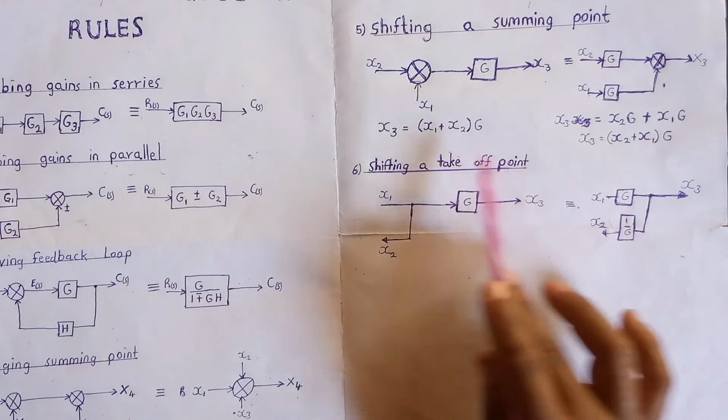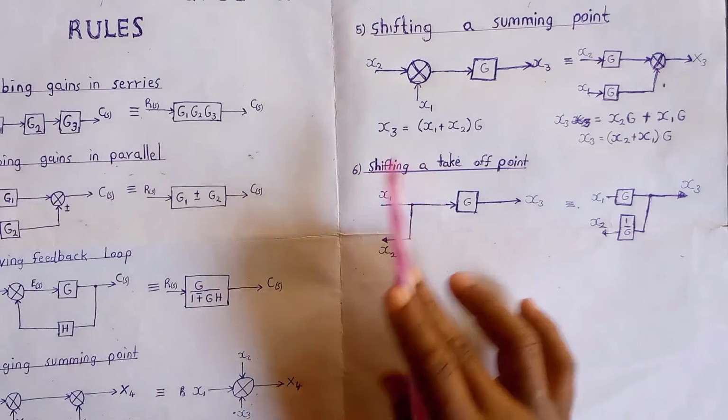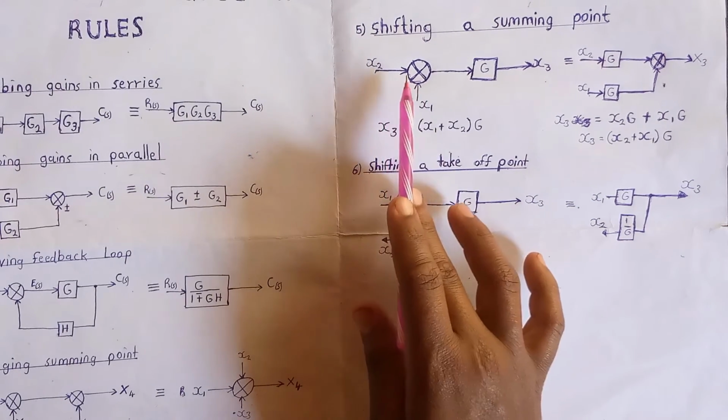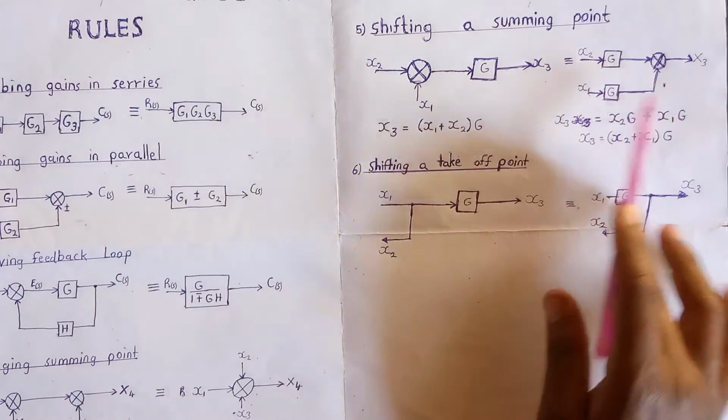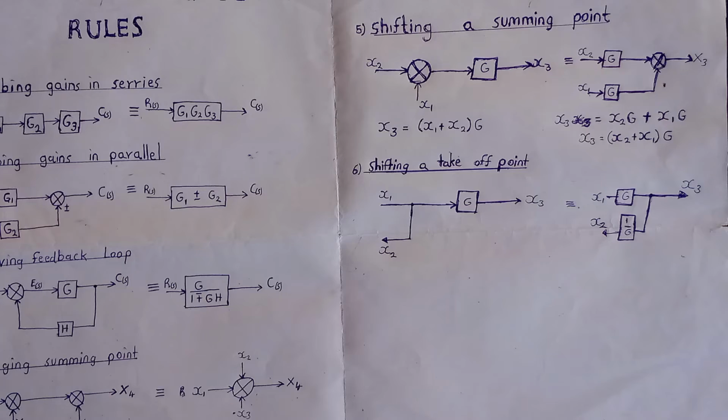So it has remained unchanged, and it should be like that. If we find by any means that when shifting a summing point our value of x3 is not the same, we will have created our own rule.